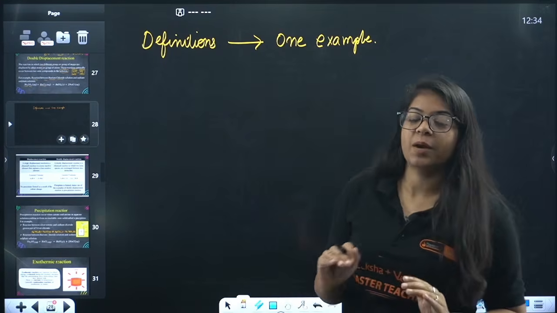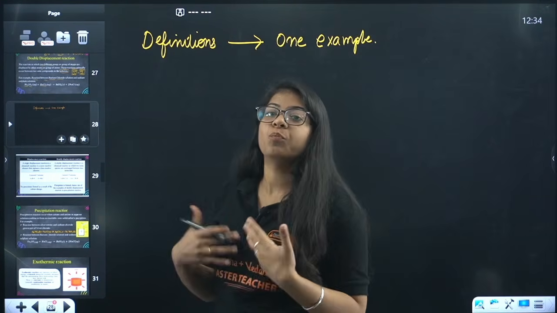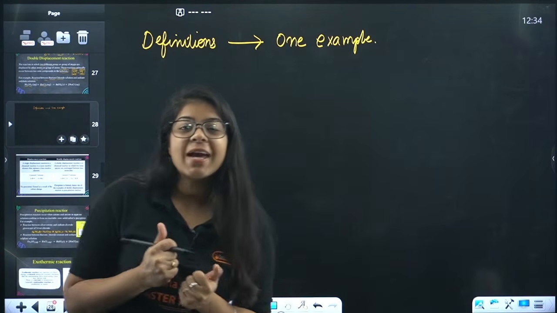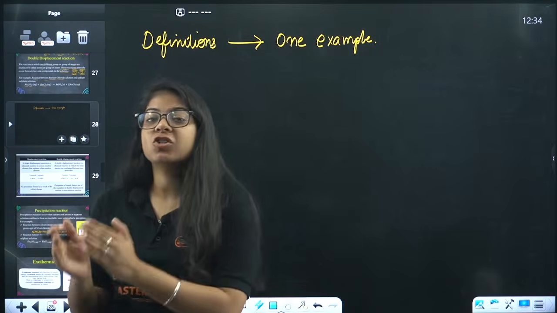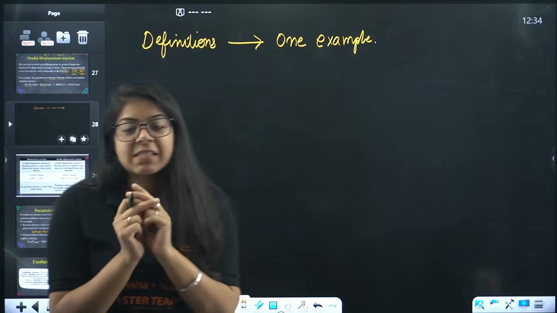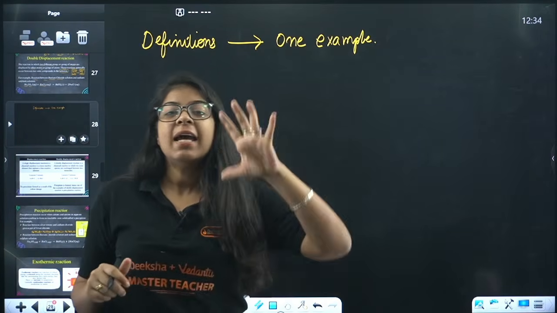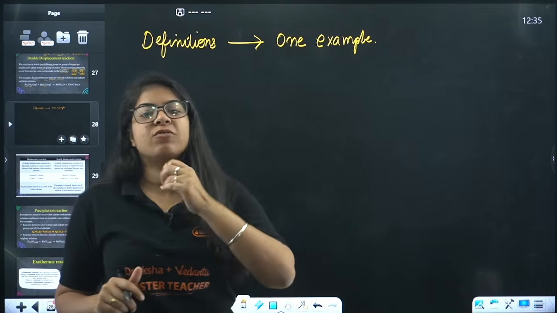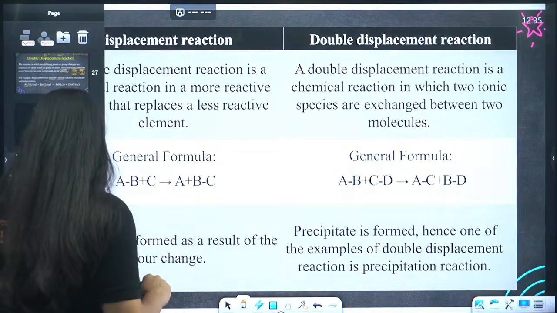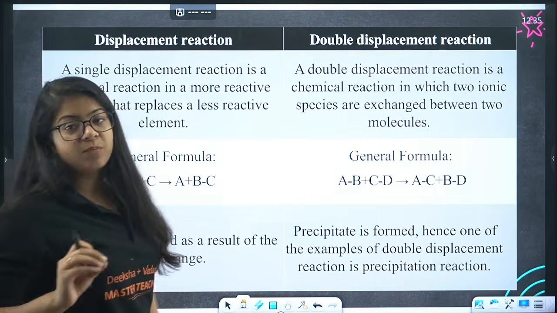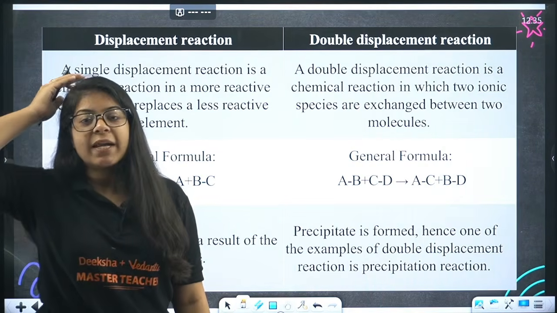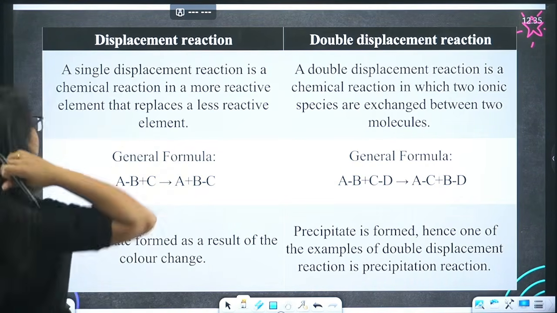But beta, there are some more reactions as well that we will study right now. But before that, there is a very important difference we have to study, that is displacement reaction and double displacement reaction. Look at this very carefully. What happens beta?